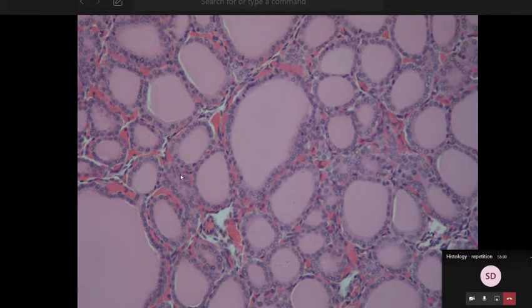That's why we can't see the lumen, because you cut these follicles through the cells. So you have a lot of nuclei belonging to the follicular cells. But maybe this is also a group of C cells. We don't know, because in this type of staining and in normal routine H&E staining, we can't distinguish them.